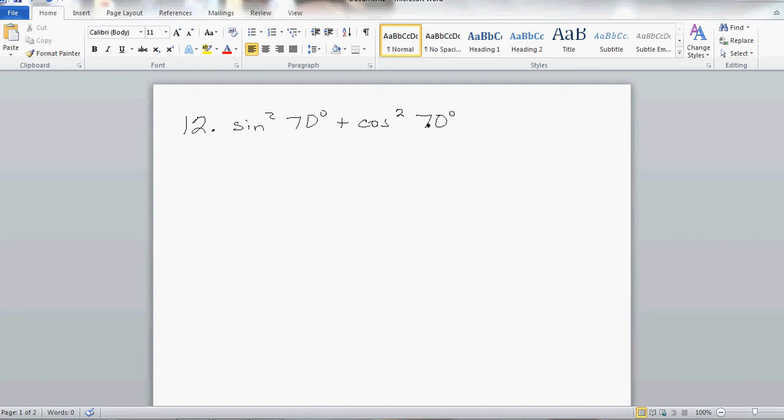And if we look at this particular problem, we have sine squared of an angle plus cosine squared of the exact same angle, and that happens to be one of the trigonometric identities, which, if you look in your book, simply equals 1. So anytime you have sine squared of an angle plus cosine squared of the same angle, that does equal the value of 1.